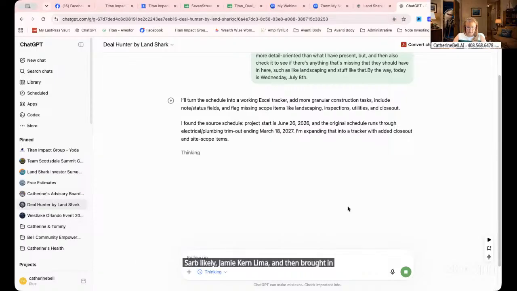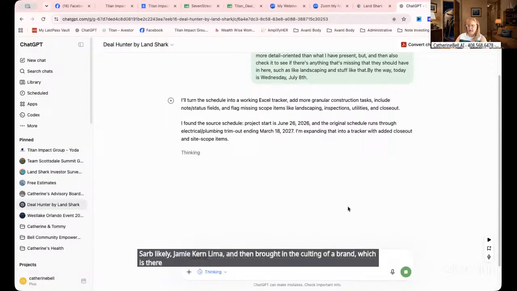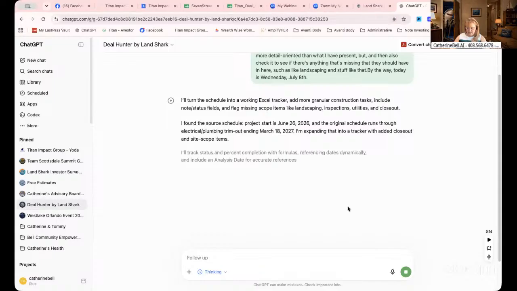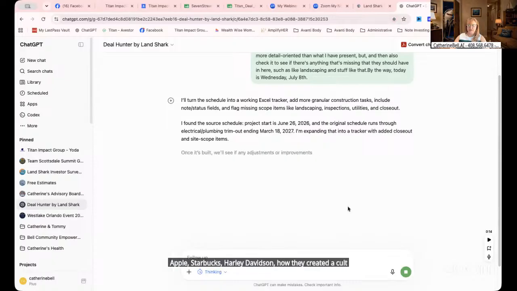the Culting of a Brand, which is a book called Culting of a Brand. It's a brilliant book. You might want to read it as part of your whole business thing. It's about how companies like Apple, Starbucks, Harley Davidson, and Disneyland created a cult around their brand, so to speak.